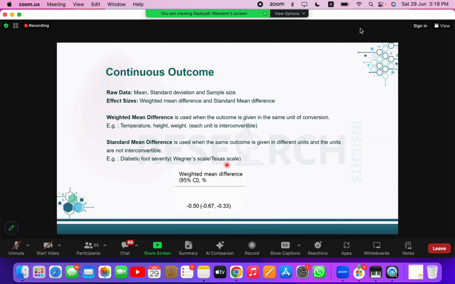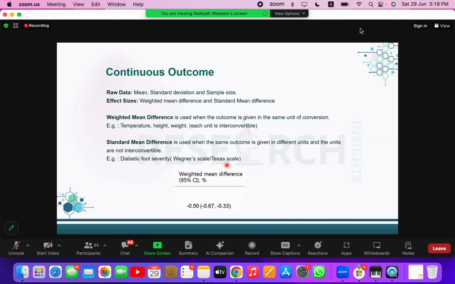Let me give you another example. Let me know if you will use weighted mean difference for this or standardized mean difference. There is a study assessing MI, not heart failure. In assessing MI, one study used CK-MB, another study used troponin I, and a third study used troponin T levels.